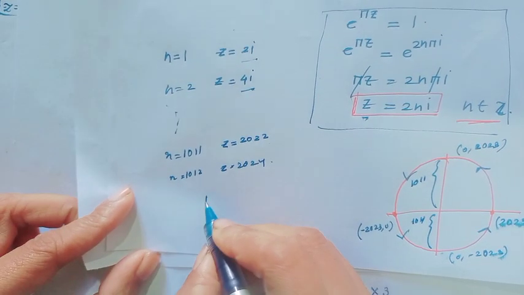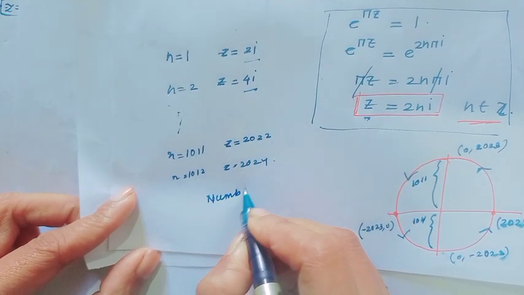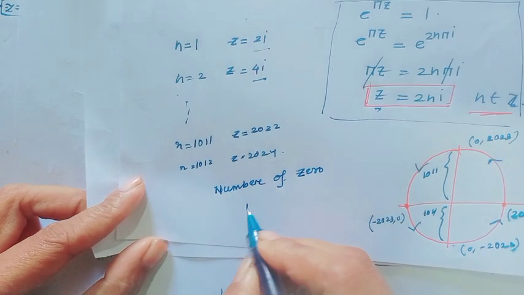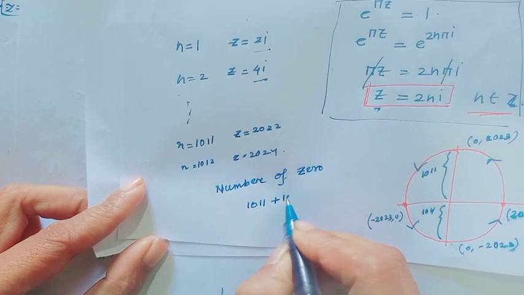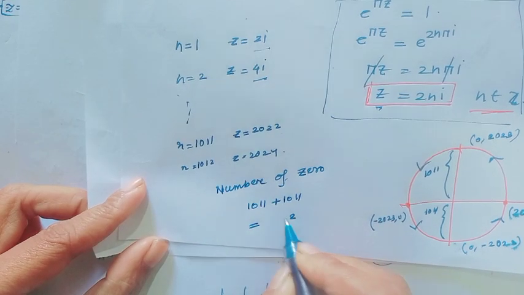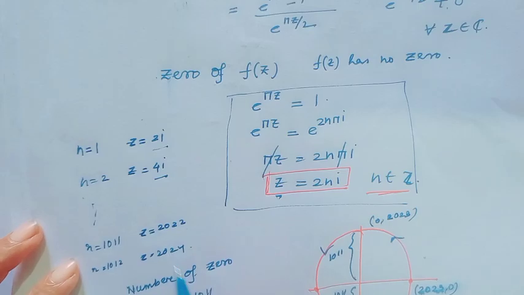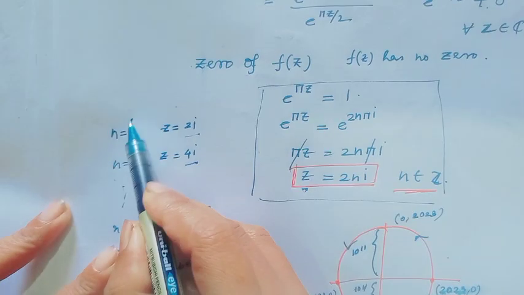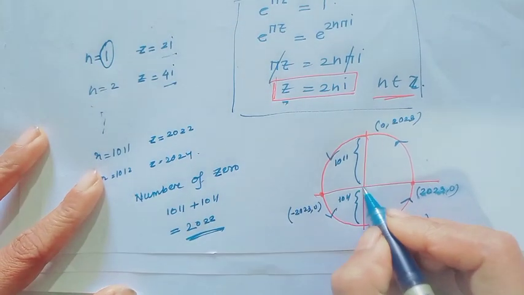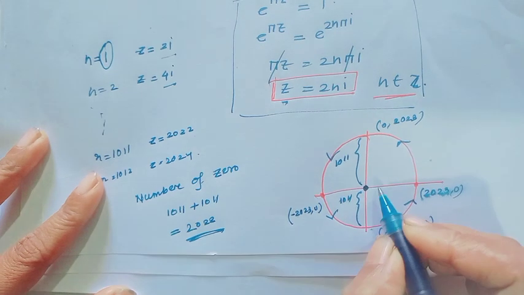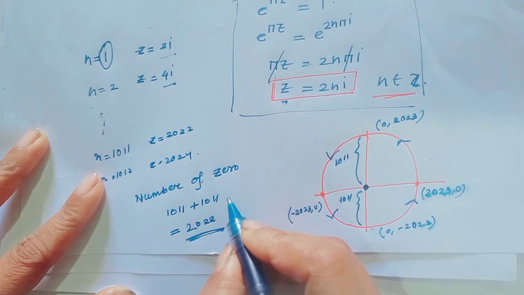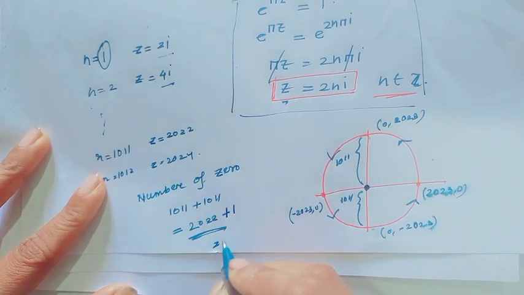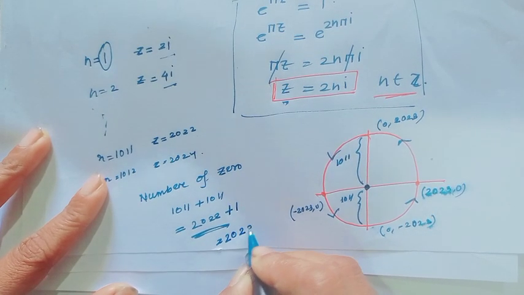So the number of zeros is 1011 plus 1011, which is 2022. Sorry, here I have made one mistake. I considered from n equal to 1, but 0 would also be a zero. So this value would be 2022 plus 1, 0 also included. So this value would be 2023.